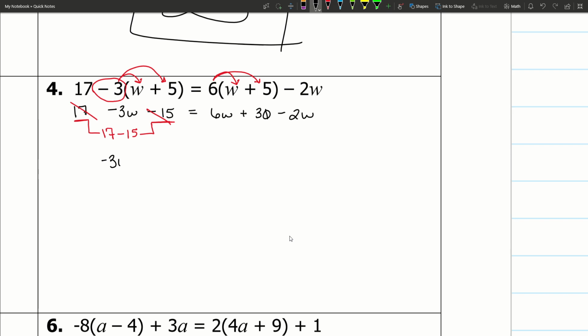So we have negative 3w plus 2. We can put our w's together on this side, and we would have 6w minus 2w. Well, 6 minus 2 is 4. So I would have 4w plus 30.